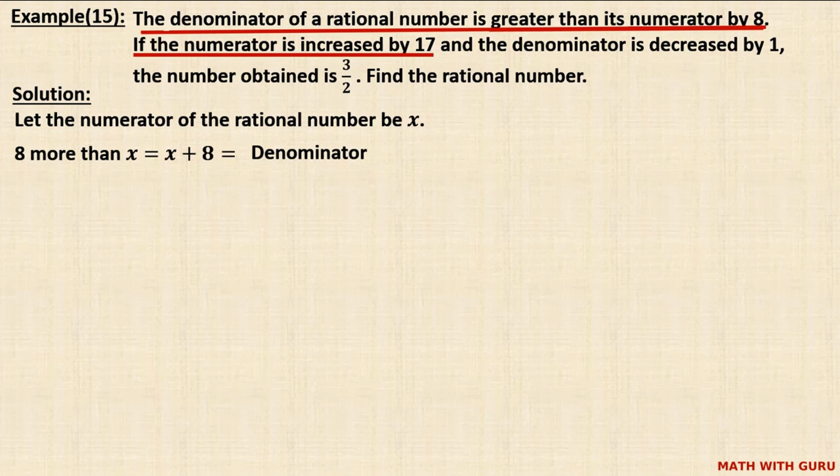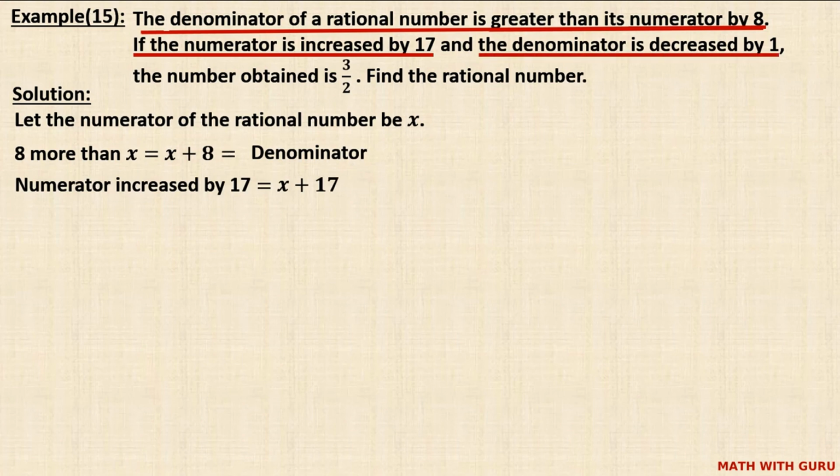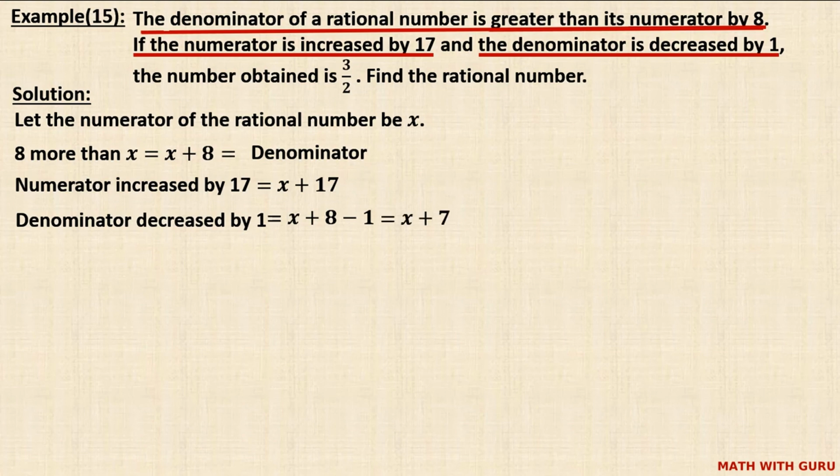If the numerator is increased by 17, it yields x plus 17. Denominator decreased by 1 is x plus 8 minus 1. That is, 8 minus 1 is 7, so x plus 7. The number obtained is 3/2.